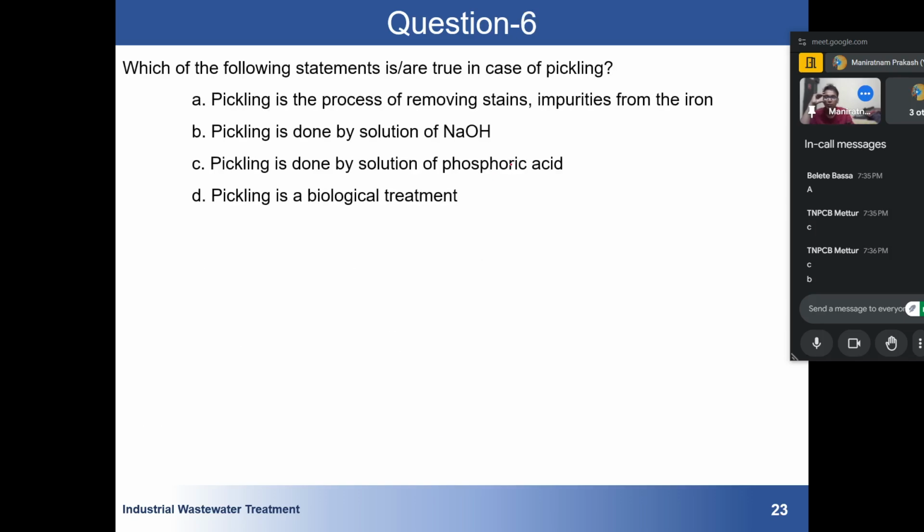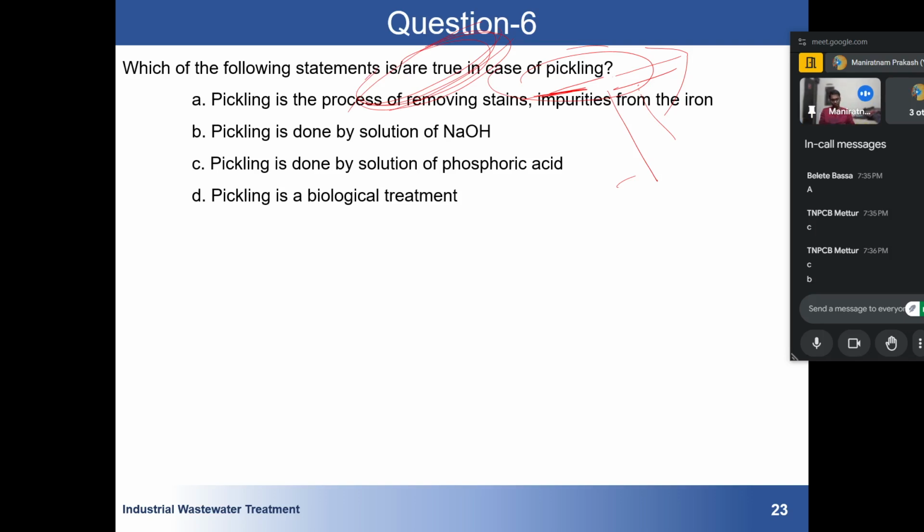Which of the following is true for pickling? First you should know what pickling is and how it is done. It is multiple correct. Anyone? Answer it.